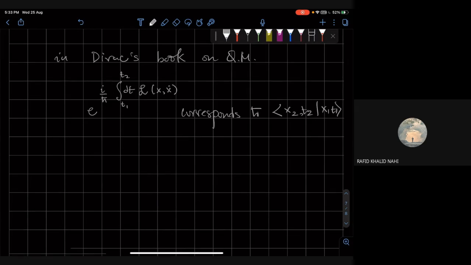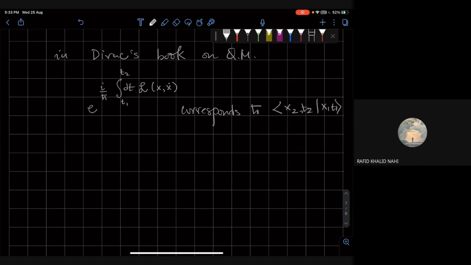Okay, so this is a statement that Feynman found, that this exponential factor with the action, with the imaginary unit multiplying it, corresponds to this thing. And Feynman wanted to understand, what did Dirac mean by corresponds to?